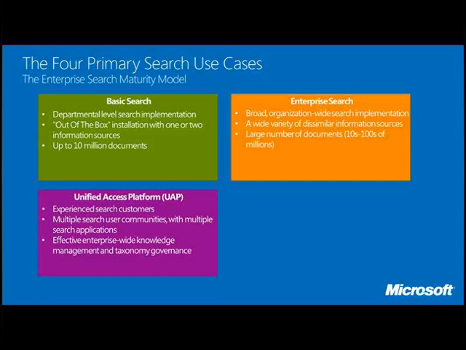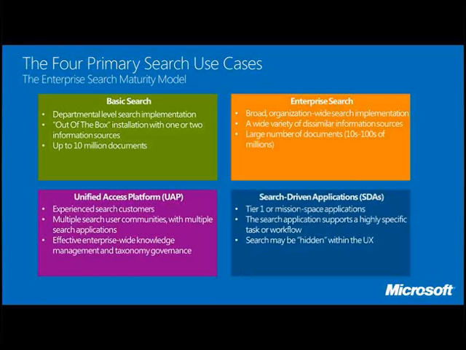Frequently, some of those will be what we call search-driven applications. These can be Tier 1 or mission space applications where it's highly specific and highly focused. These could be done on a standalone basis, or built on top of what we call a UAP.